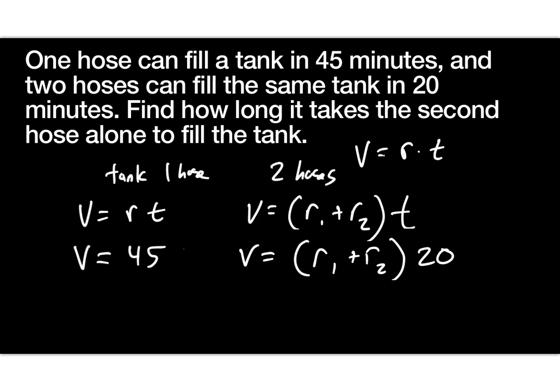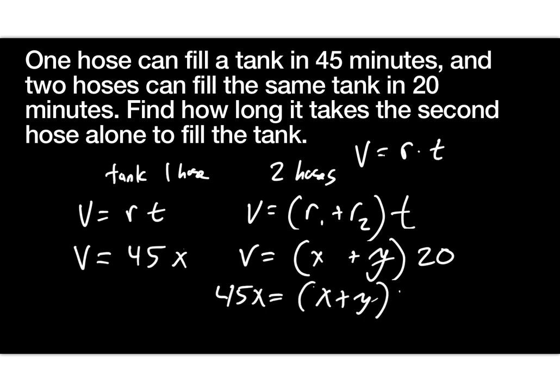Instead of R1, I'll call it X. And instead of R1 and R2, I can call it X plus Y. All right, and then what do I know? Well, they have the same volume, so I've got 45x equals (x plus y) times 20.